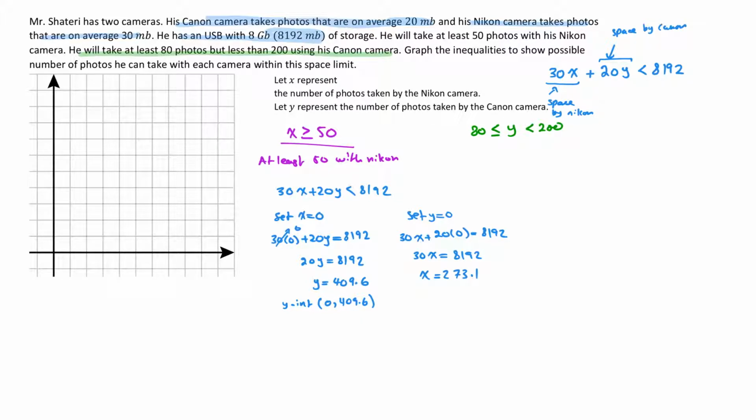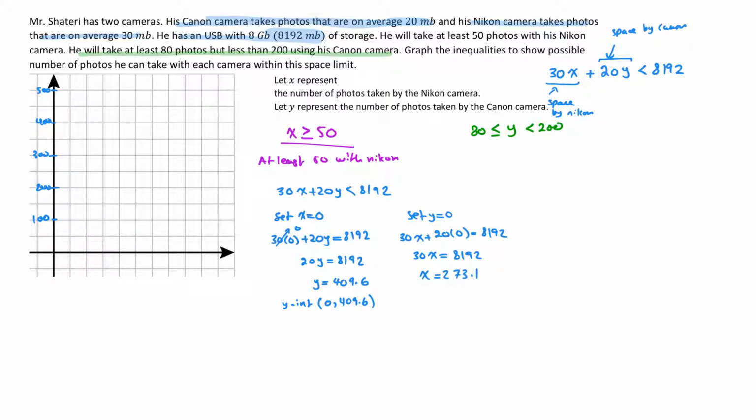So I know that my x-axis over here needs to go up to a maximum value of around 270, and on the y-axis I want to go up so that I can at least show 409. So if I go up by hundreds, I will get 100, 200, 300, 400, and 500 down here.